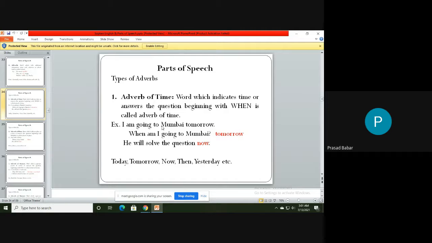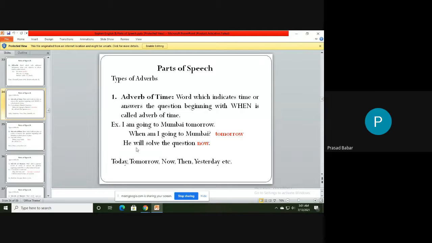So when am I going to Mumbai? It will answer tomorrow, and that is why tomorrow is the adverb of time.